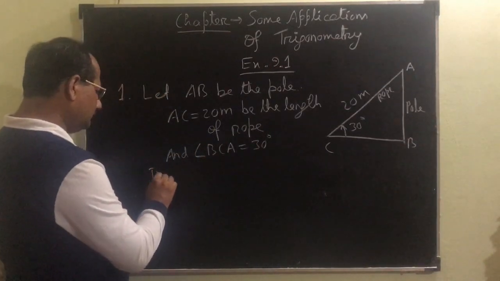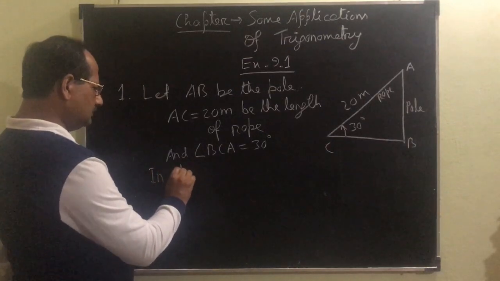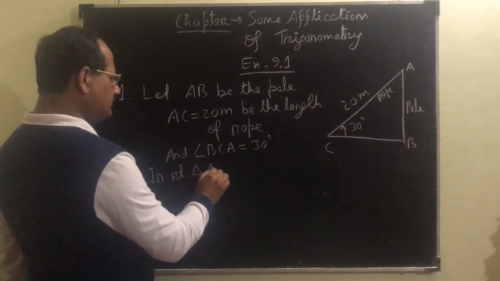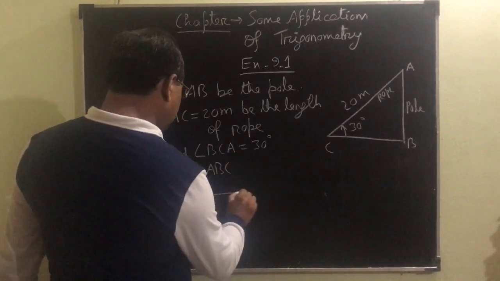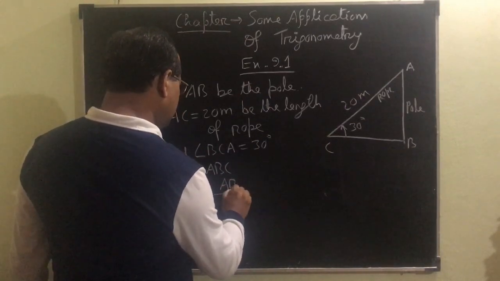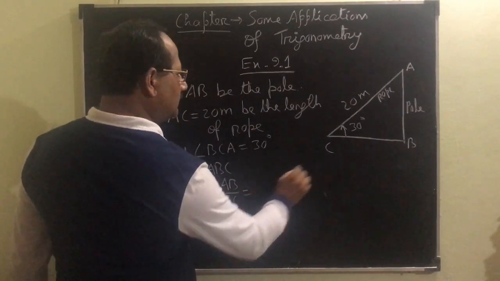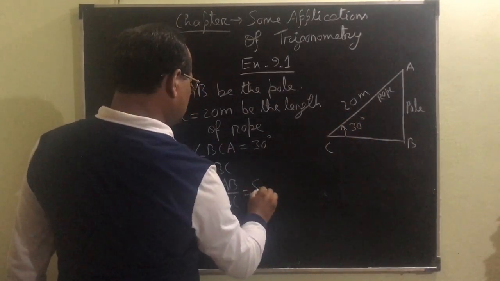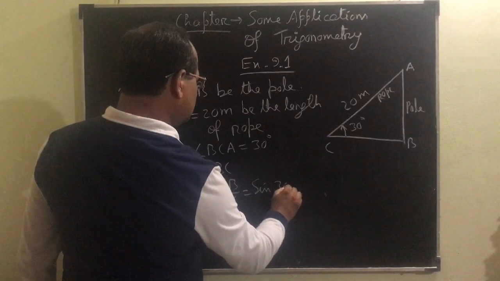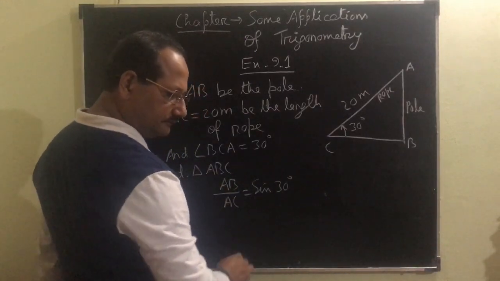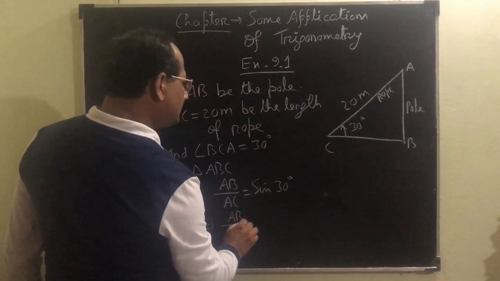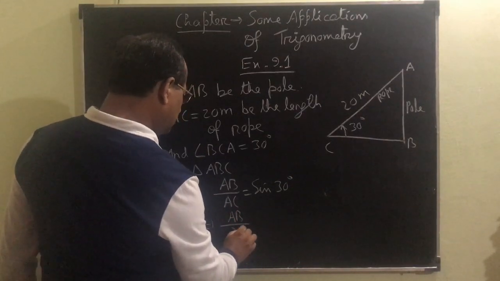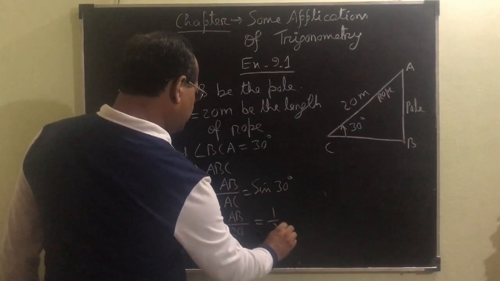In right triangle ABC, AB by AC equals what? Perpendicular by hypotenuse, that is equal to sine of 30 degrees. So AB by 20 equals 1 by 2.